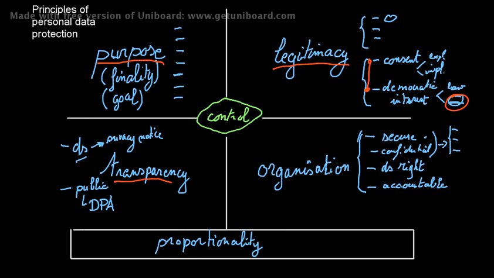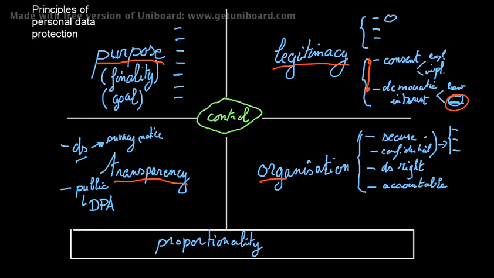Thirdly, in transparency, the more privacy invasive your processing is, the better the privacy notice has to be, the more you have to inform the data subject, so as to make sure that the data subject is in control when he consents or doesn't, or doesn't have any expectations that don't meet the actual processing.